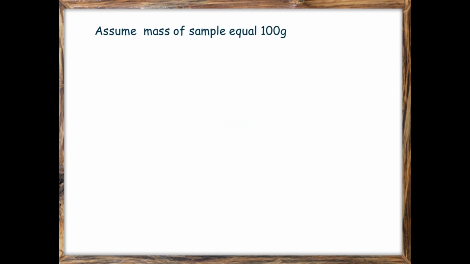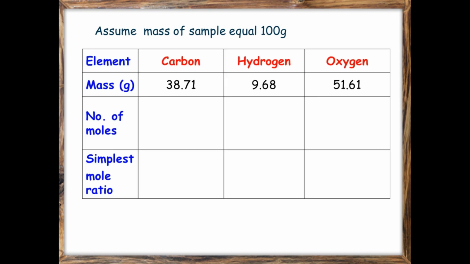The first step is assume mass of sample equal to 100 gram. The second step is tabulate a table that contains elements, mass in gram, number of moles, and simplest mole ratio. There are three elements in the compound given, which are carbon, hydrogen, and oxygen.